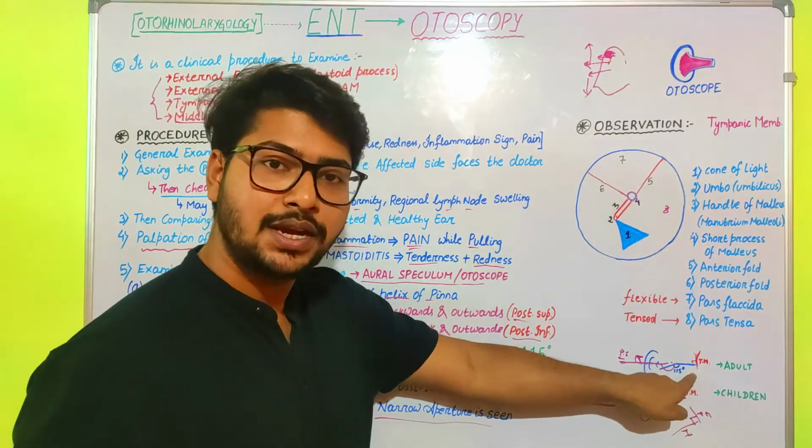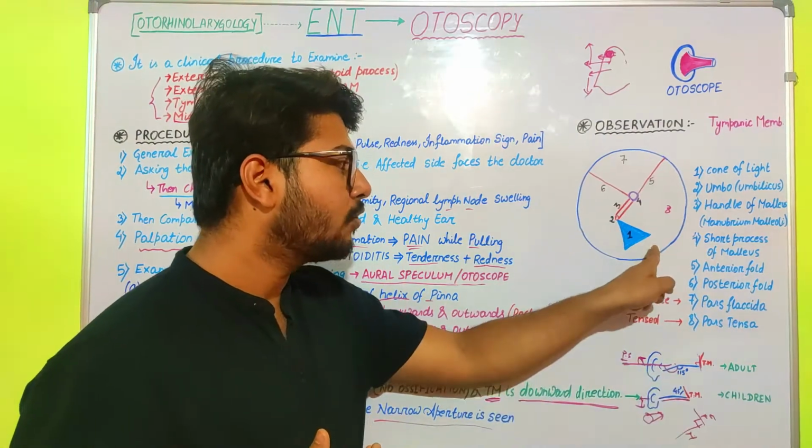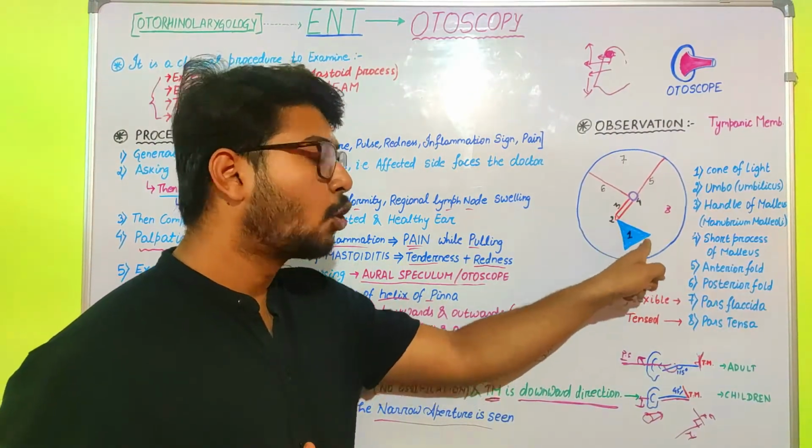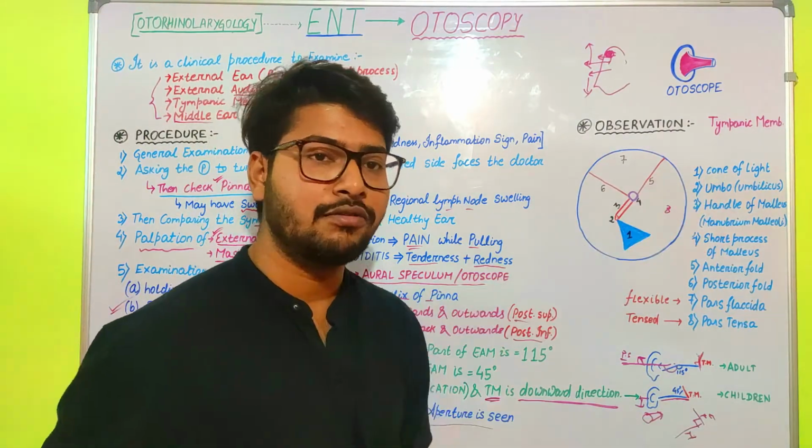And then, due to reflection of light, we see a conical or triangular structure, and that is known as the cone of light.